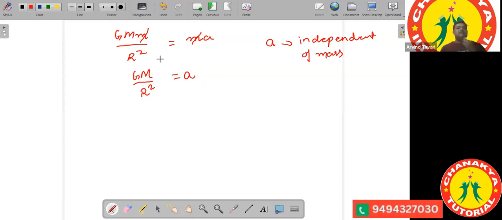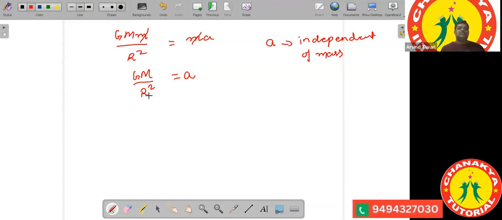That means if you place a heavy object or a light object, both objects will fall towards the Earth with the same acceleration. Towards the Earth, all of them are going to experience the same amount of acceleration, and it only depends on the distance between the object and the Earth.